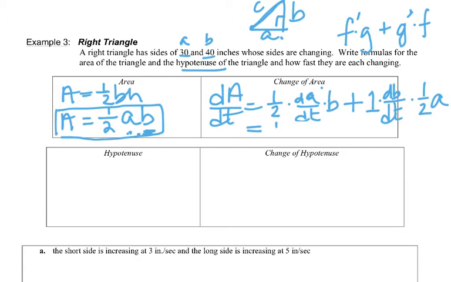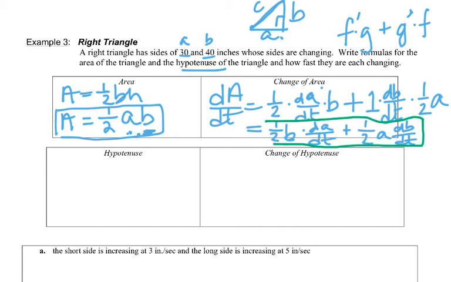This gives us 1/2 b times dA over dt plus 1/2 a times dB over dt. So that's the formula that we'll want to use, this one right here, because it's in a cleaner format than the one above, for dA, capital A, over dt.